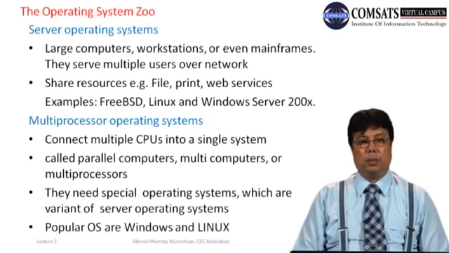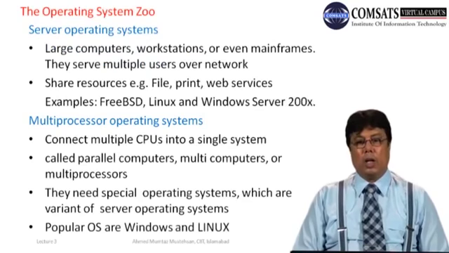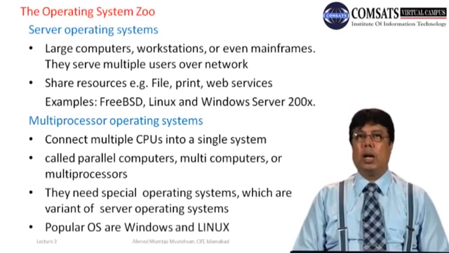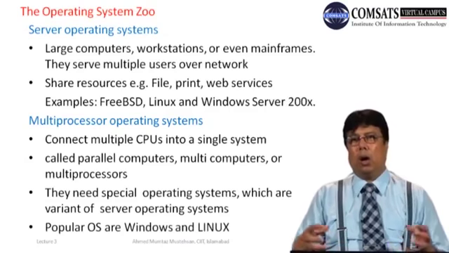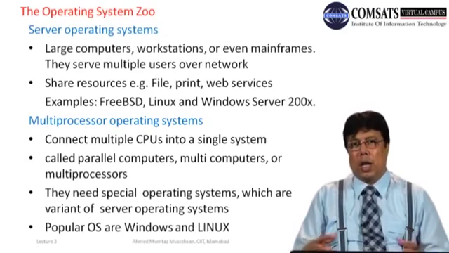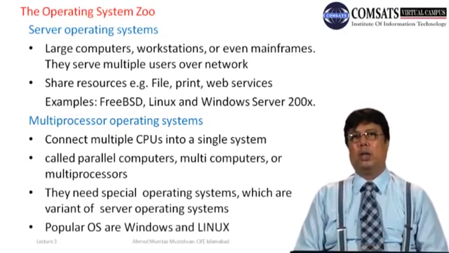Server operating systems. These large computers, workstations, and even the mainframes are used as a server for multiple users over a network. Mainframe में क्या होता है कि all the users are physically connected.